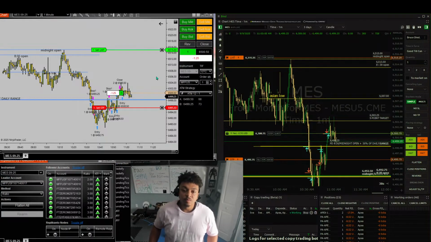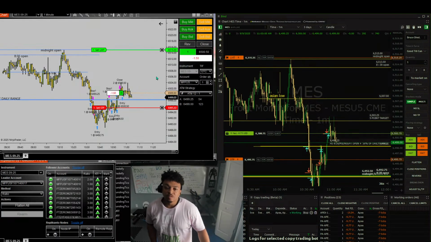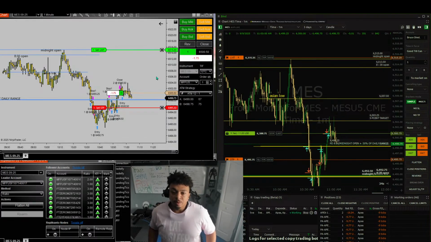If this fails, this would be the second failed trade off of a previous day's 8:30 or midnight open. In that case, I'm going to take a note to not take those anymore. But I feel like this one is a little bit better, just based on where the stop would be based on price action. The other one was a little bit in the middle of nowhere, so let's see if this one at least holds or not.